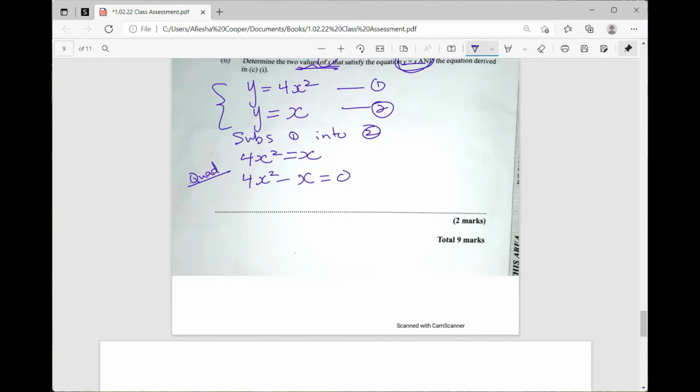I can't hear you. Crystal, how to go about solving this? 4x squared minus x is equal to 0. We need to get y. There's no y. No. 4x squared minus x is equal to 0. Or you bring all to one side. Everything is already on one side.